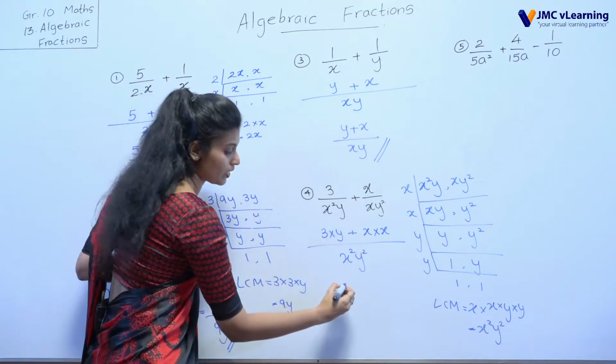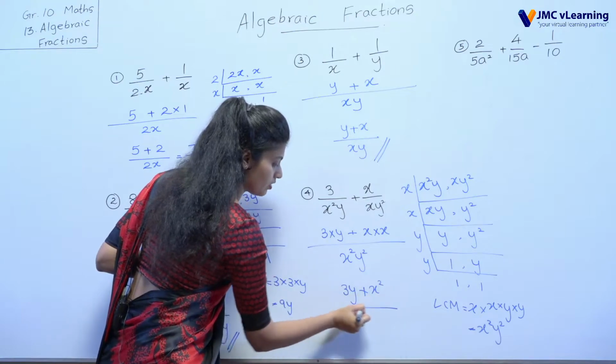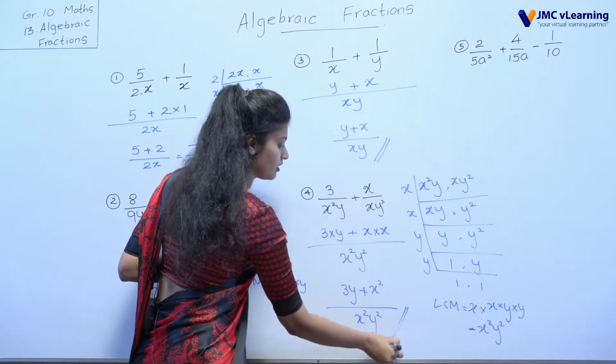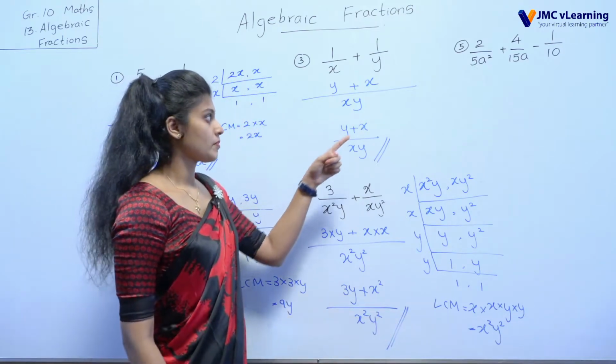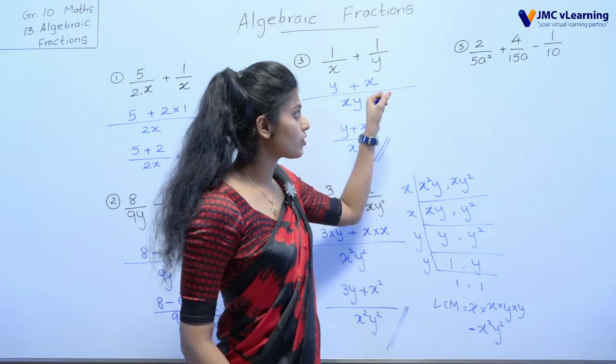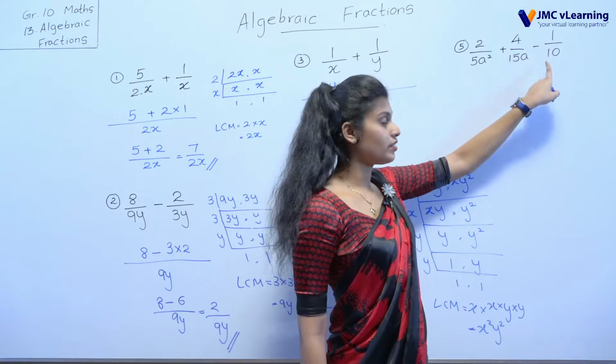Simplify: 3 into y, 3y plus x squared over x squared y squared. This is the answer.